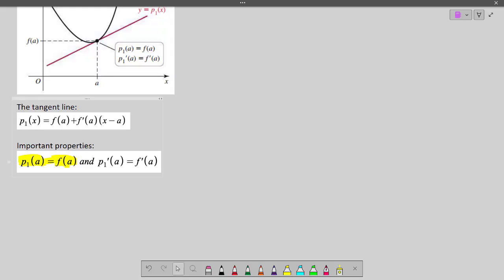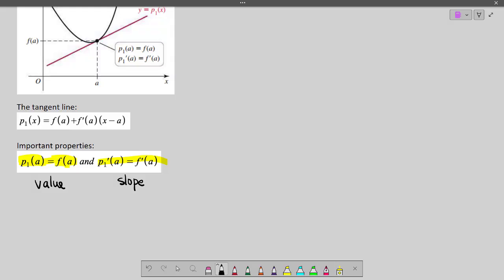That's an important key for a tangent line. And the other important feature is that the slopes match. The slope of the line is the same as the slope of the curve. In other words, they have the same first derivative at a. So value and slope match. That's what makes a tangent line. It is the line where the value and the slope match.